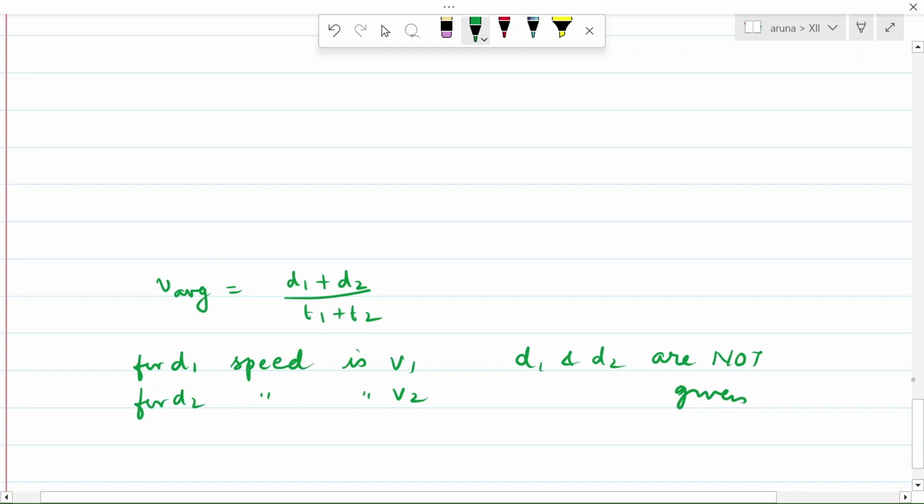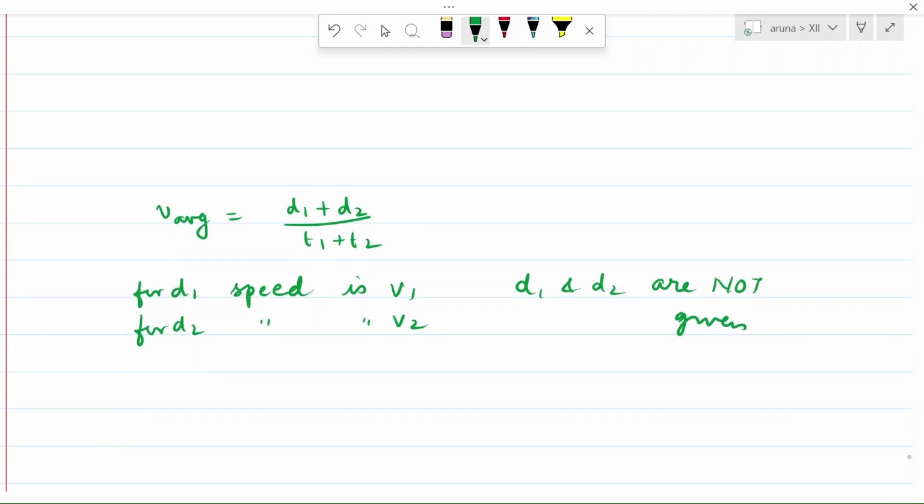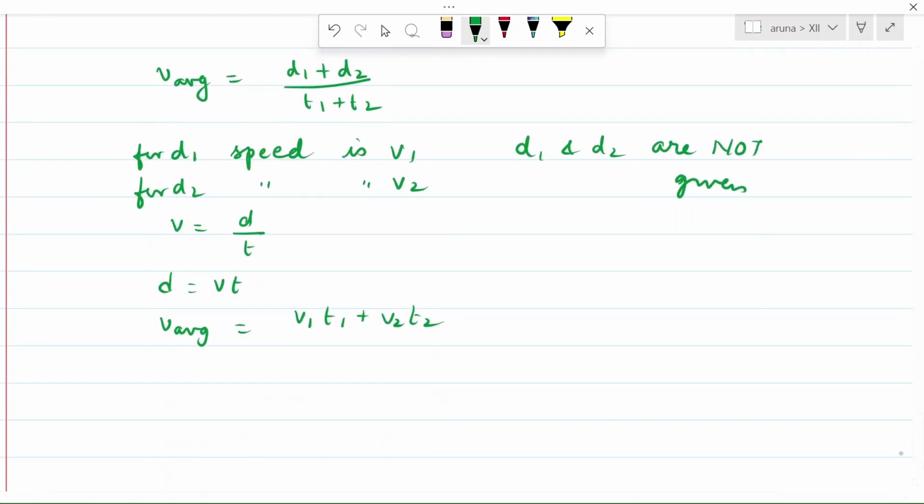I need total distance. So going by the formula, v is equal to d by t. From here I can calculate d, and t1, t2 is of course given. So d will be v into t. So in this case, your average speed will be v1 t1 plus v2 t2 divided by t1 plus t2. So this is how you can find out.